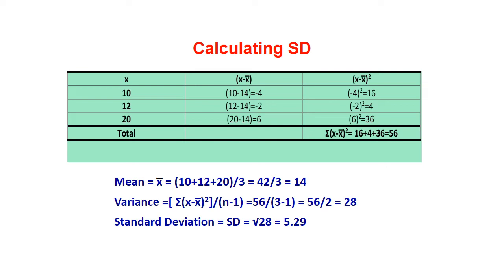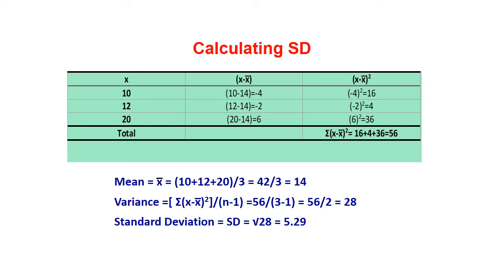In other words, you are adding up what is in the third column, which is 16 plus 4 plus 36, you get a total of 56, which you will divide by n minus 1. Now in this case, n is 3 because we have 3 values. You divide 56 by 2 and you get 28. That answer that you get, 28, is known as the variance.